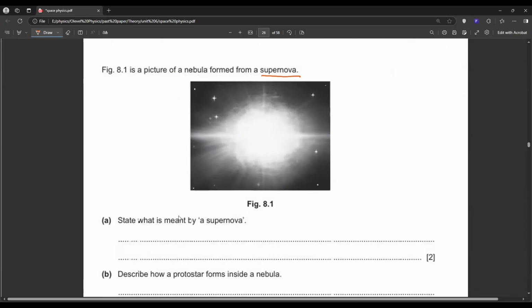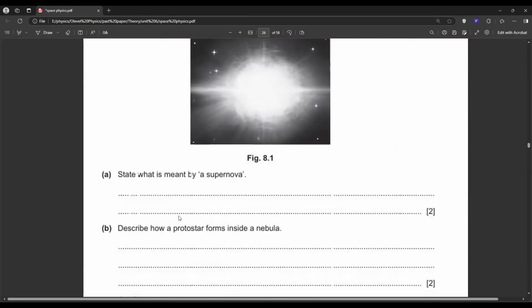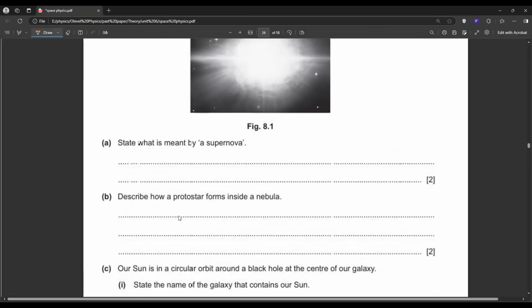Explosion as the hydrogen in the red supergiant runs out.